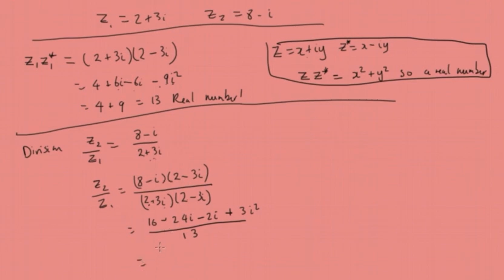Tidying this up, i squared is going to be minus 1, so doing all that, we'll get 13 minus 26i over 13. And that then gives us 1 minus 2i as our answer. So I hope that helps.